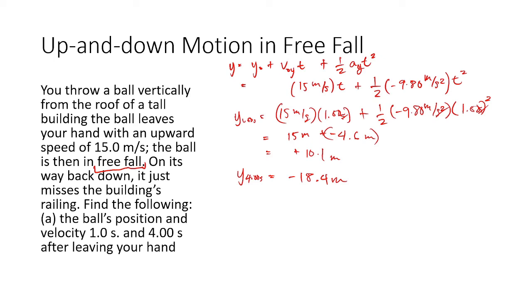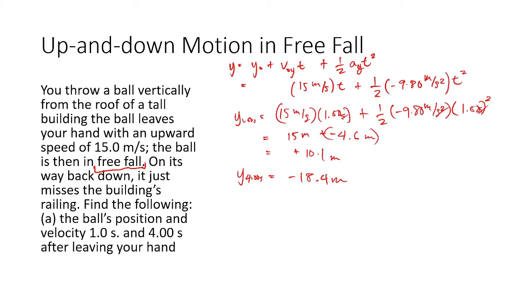Mula ron sa original na pwesto ng bola sa kamay mo, nung pagkahagis mo sa kanya, the ball traveled 10.1 meters from your hand. Gawa ng ating initial velocity na 15 meters per second.